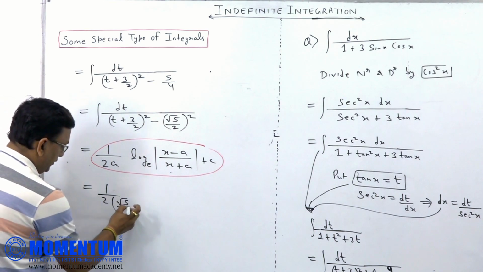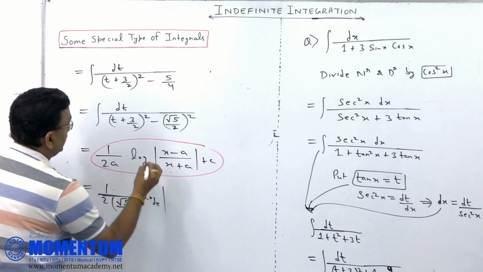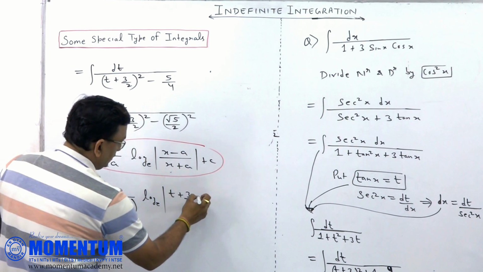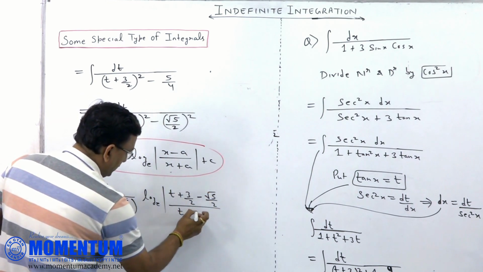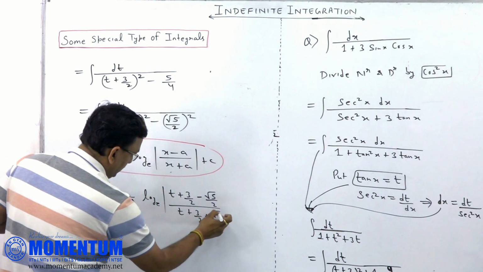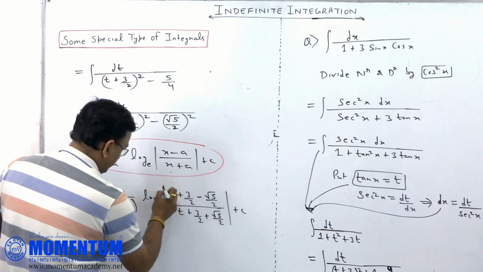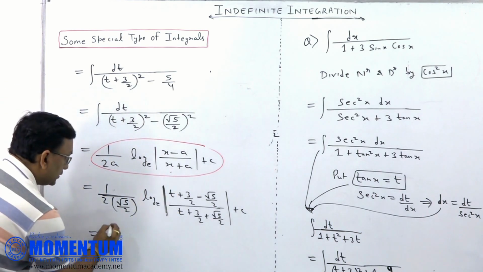Now here, in place of a, root 5 by 2. In place of x, t. So t plus 3 by 2 minus root 5 by 2 divided by t plus 3 by 2 plus root 5 by 2 plus c. In place of t, tan of x.